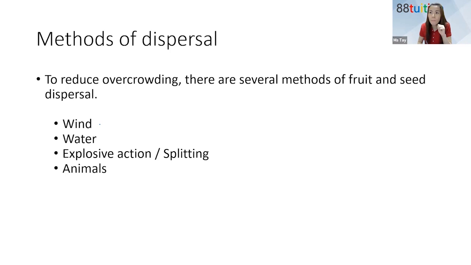By wind: when wind blows, it helps to blow the seeds away. By water: you know about moving rivers, right? The water can carry the seed and move it somewhere else, by the flow of the water.